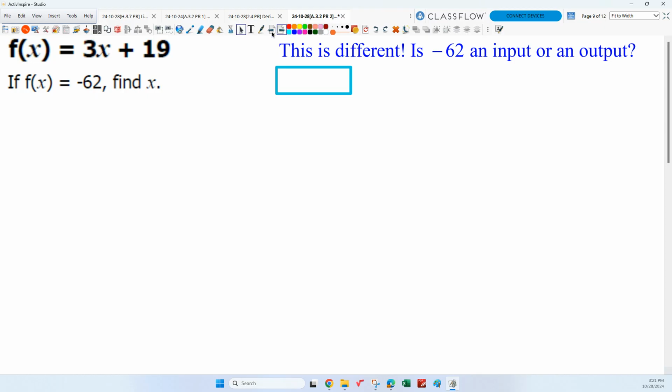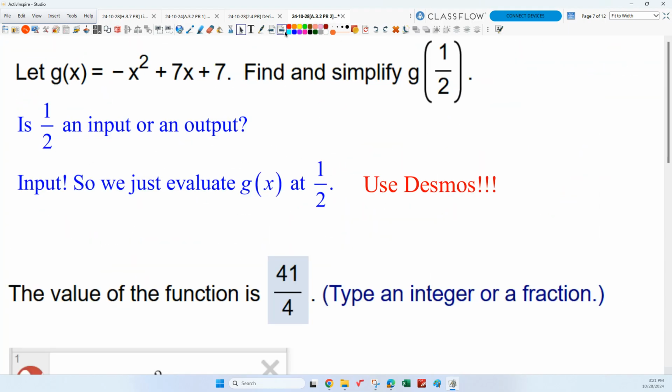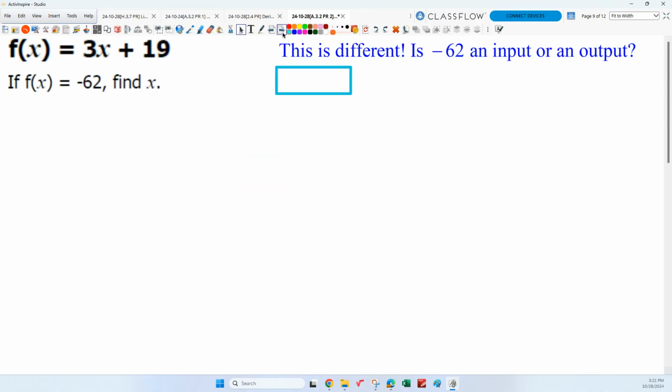What did we say at the very beginning? I got to go back for a second here. We said that when we write something in function notation, x is the input. The output is the value of the function, f of x, right? That's an output. So they're telling me the value of f of x, right?